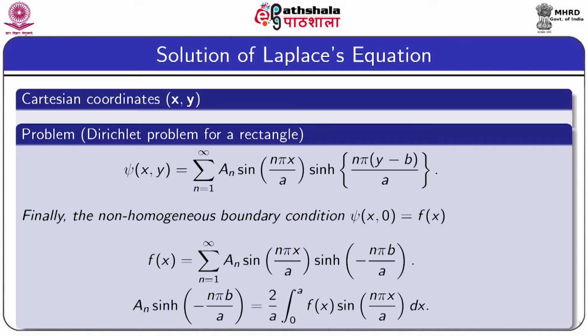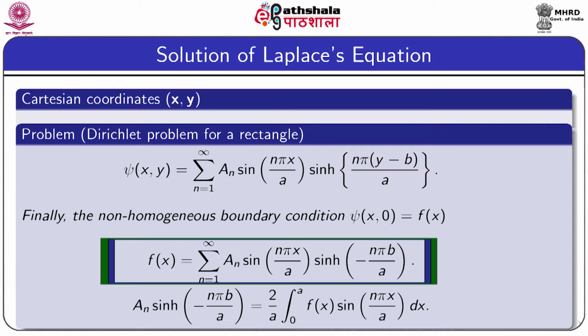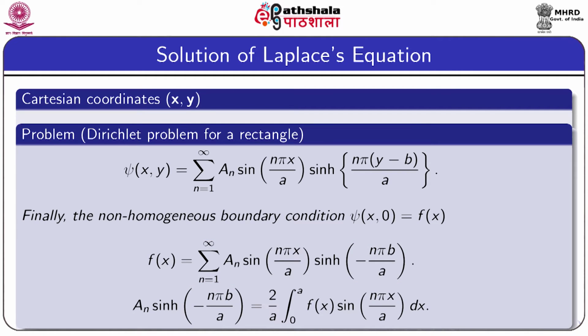But there is one boundary condition left which we want to satisfy. That boundary condition is psi(x, 0) equals f(x). If we use that condition, we get f(x) equals the sum over n of A_n sin(n pi x by a) sinh(minus n pi b by a).